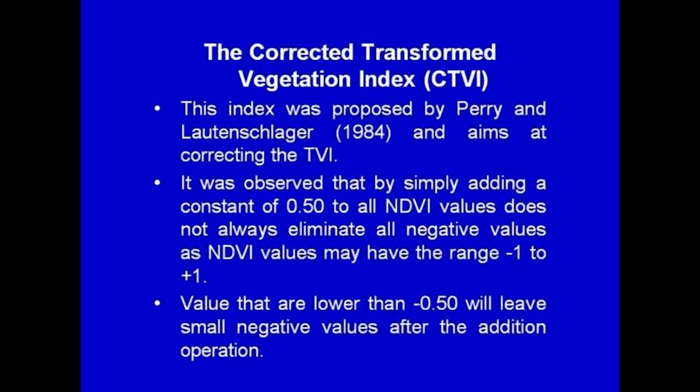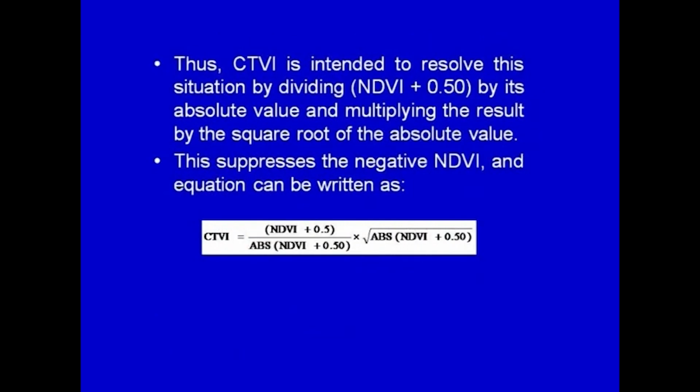Values that are lower than -0.5 will leave small negative values after the addition operation. Thus, CTVI is intended to resolve this situation by dividing NDVI plus 0.5 by its absolute value and multiplying the result by the square root of the absolute value.